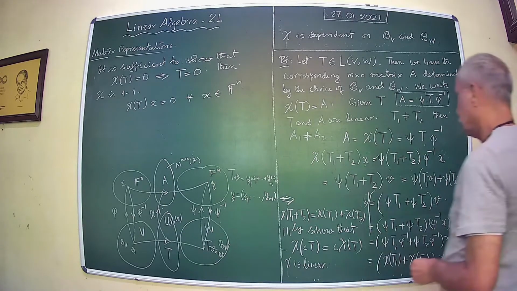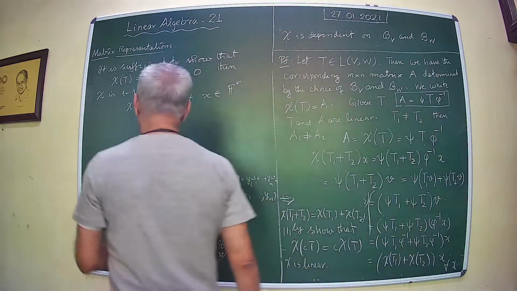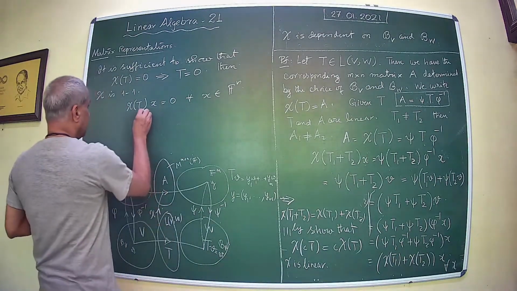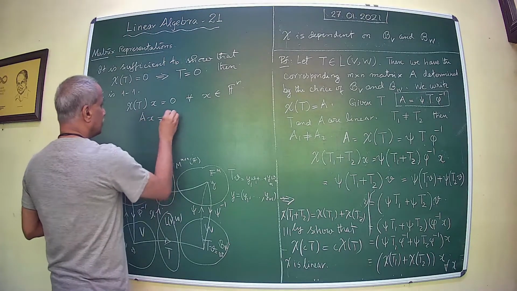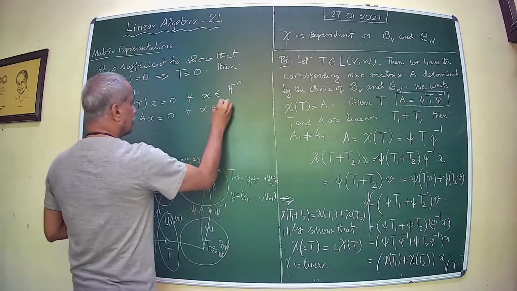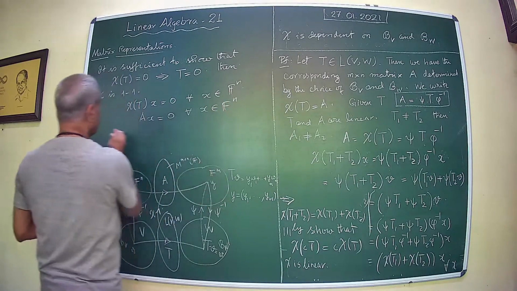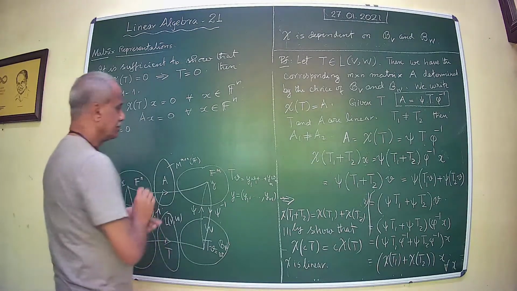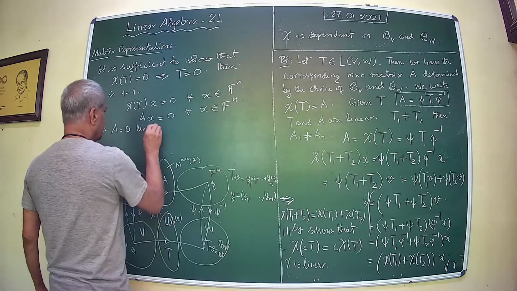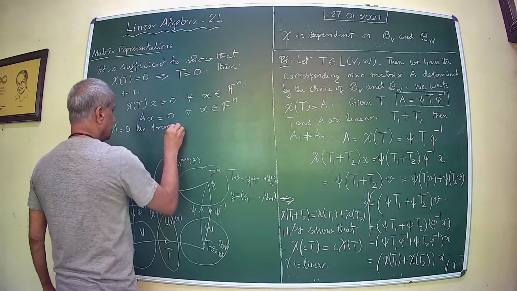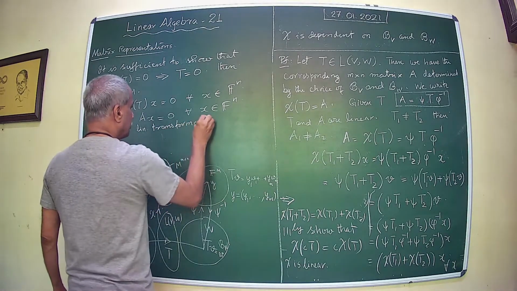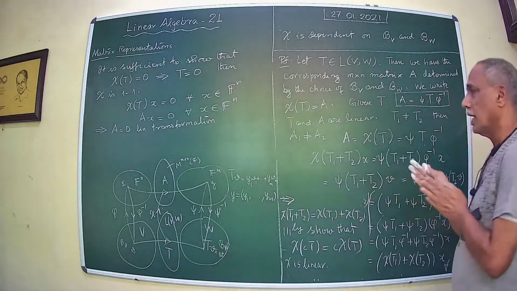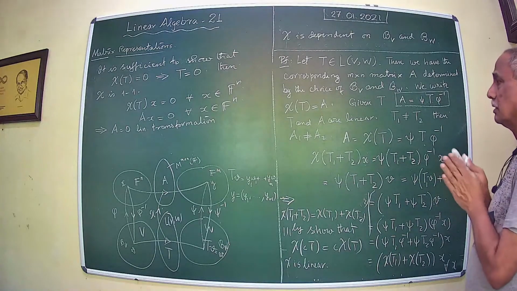This means we work this out. Chi T is equal to A. That is the Ax, which implies A equal to 0, of course. Now, what is the relation between A and T?